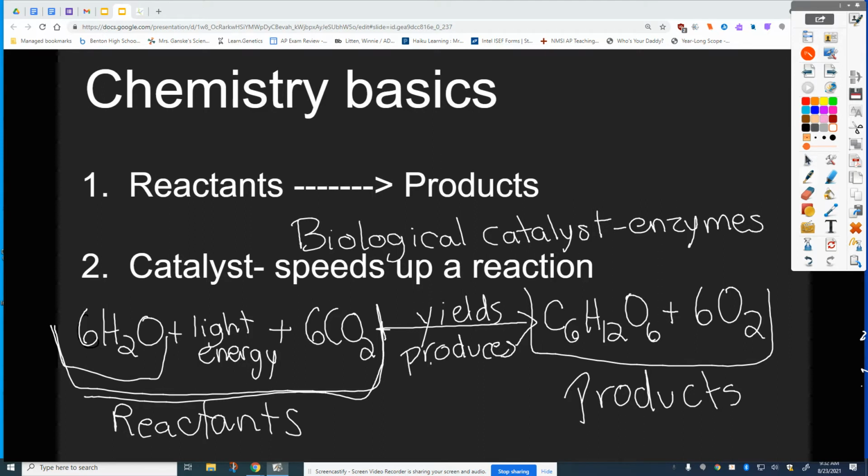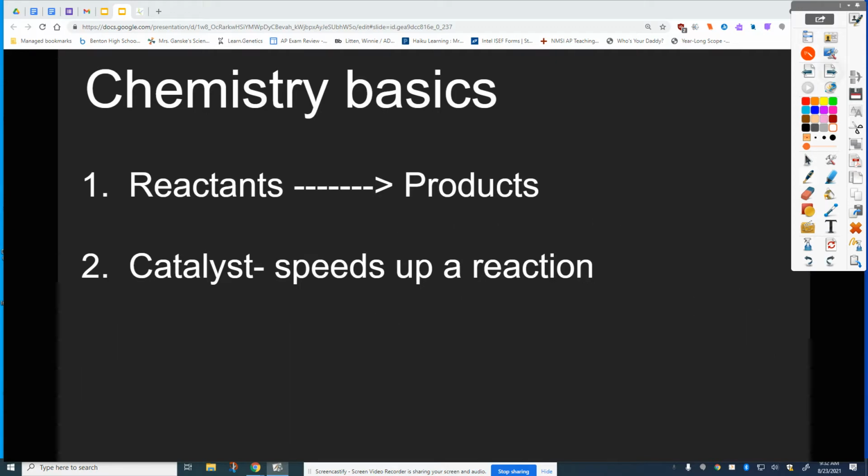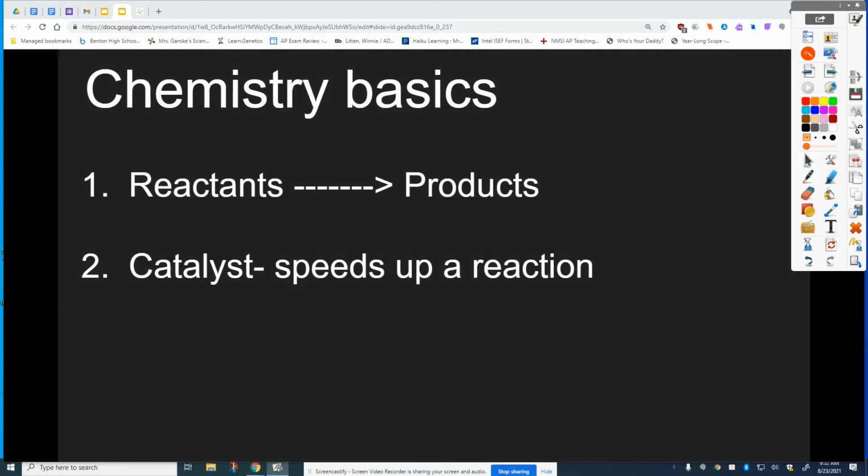So a catalyst speeds up a reaction, and they're called enzymes in living organisms. So I've introduced some new terms to you. We're going to keep introducing new terms. This is lots and lots of terminology for you. If I need to go back or slow down, y'all just need to tell me.